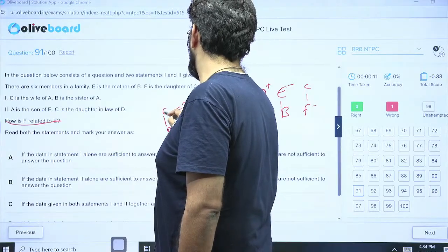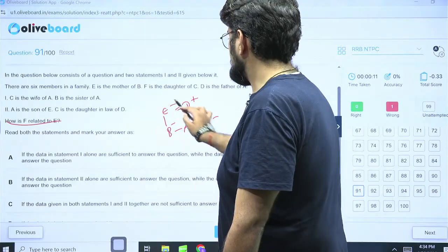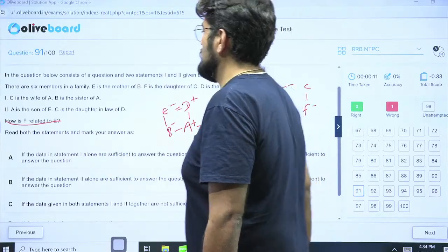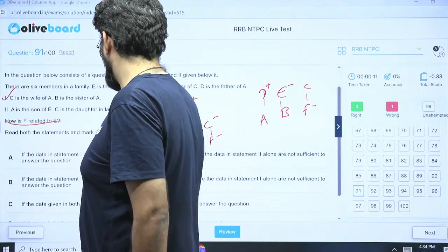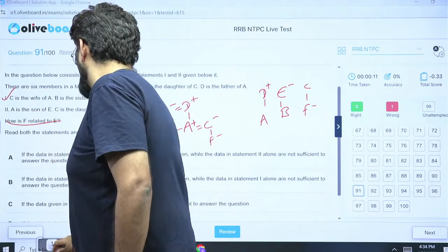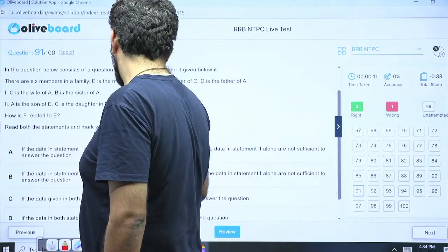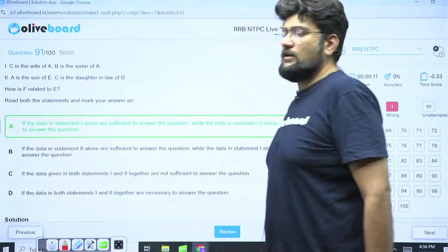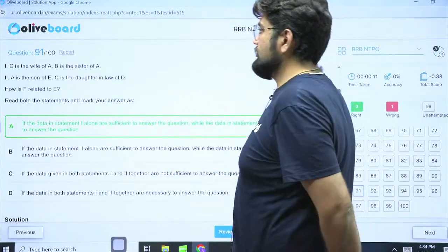Now we need to find the relationship between F and E. Easily possible. E, son's daughter, so it's granddaughter. So 1 alone is sufficient to answer the question, but do we have an option of either or? Together are necessary, both statements were not sufficient, so then 1 alone is the only possible answer here. From 1 alone only we can get it. If there was an either or, then you would have checked for both the options.